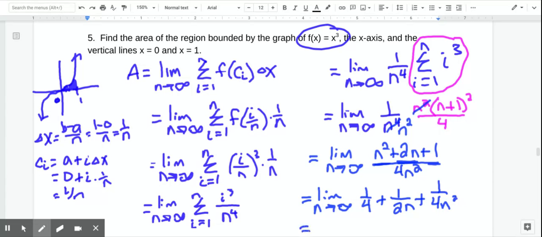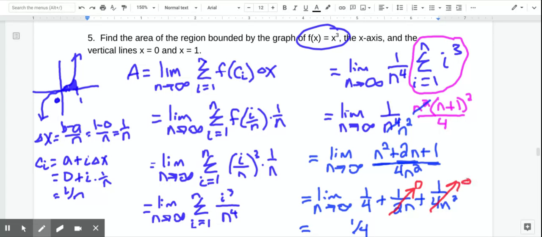Okay, now I am going to take the limit as n approaches infinity. This first thing is just 1/4, so we just leave it as 1/4. The next part, when you plug in infinity, 1 divided by 2 times infinity, is going to approach 0. And 1 divided by 4 times infinity squared, well, that's 1 divided by infinity.